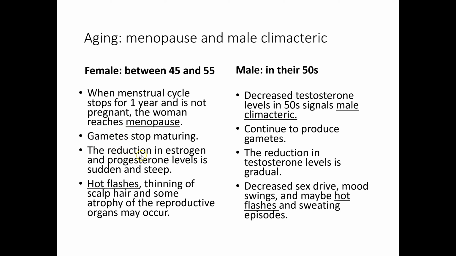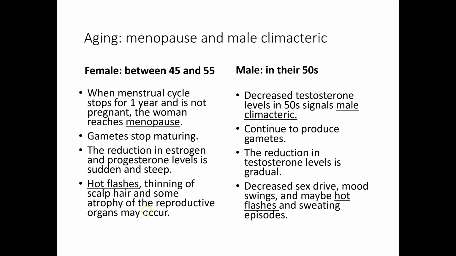So menopause corresponds to a reduction in estrogen and progesterone. And because this stop of the cycle is sudden, the reduction in the hormone levels is also sudden and deep.